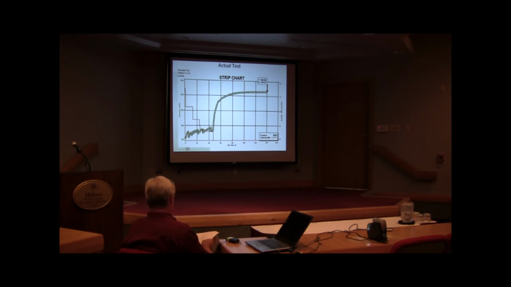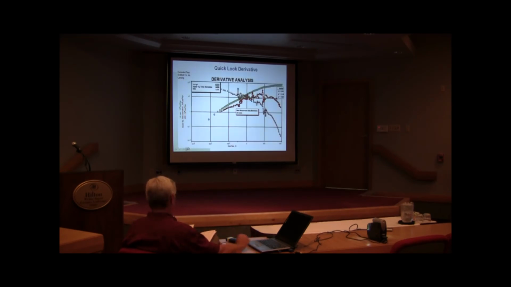All right. When we look at the derivative, we see a whole bunch of scatter. And looking at the PPD curve that we discussed, anytime we have these inflections, that means it's not reservoir data.